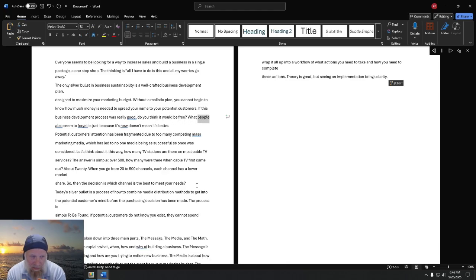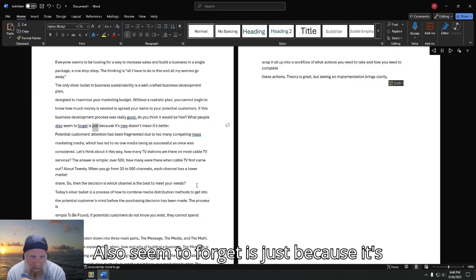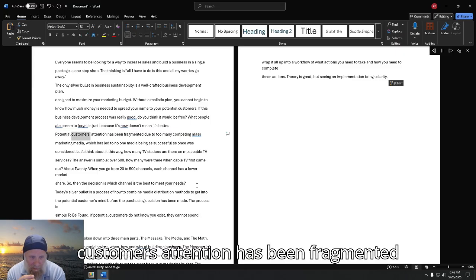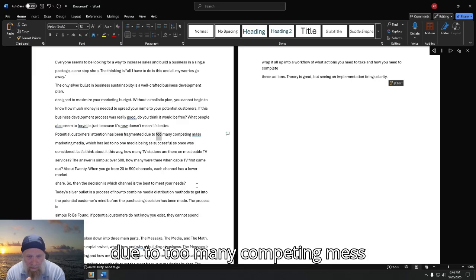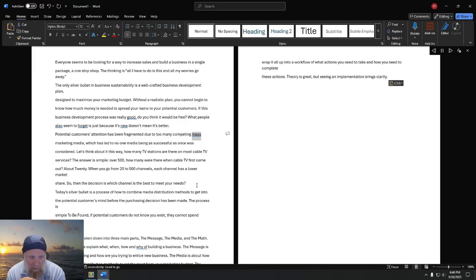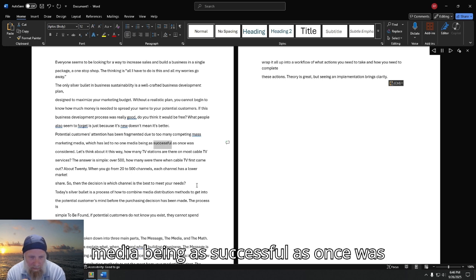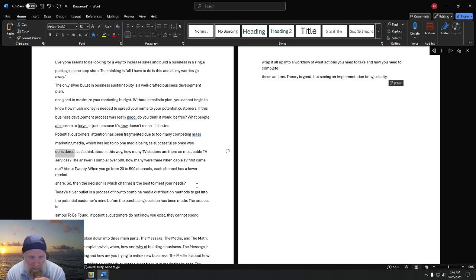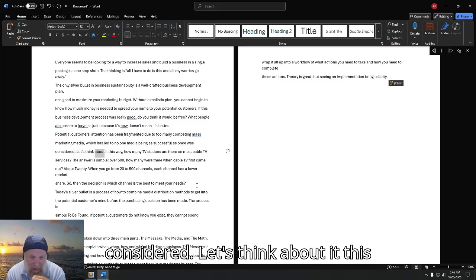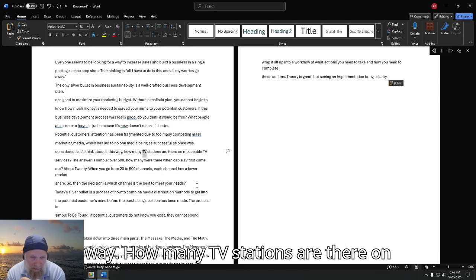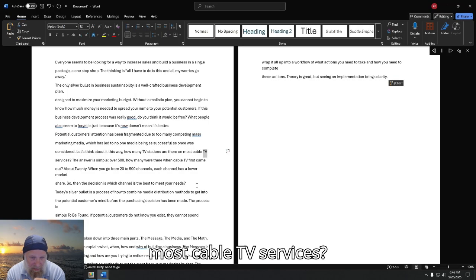What people also seem to forget is just because it's new doesn't mean it's better. Potential customers' attention has been fragmented due to too many competing mass marketing media, which has led to no one media being as successful as once was considered. Let's think about it this way: how many TV stations are there on most cable TV services?